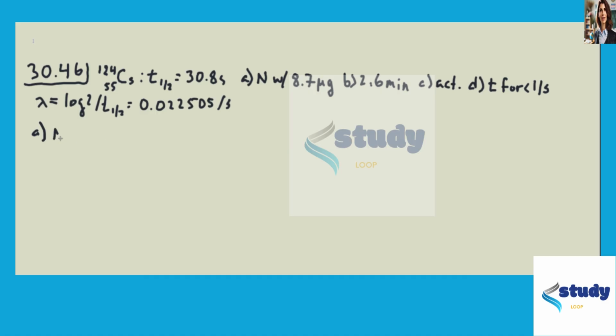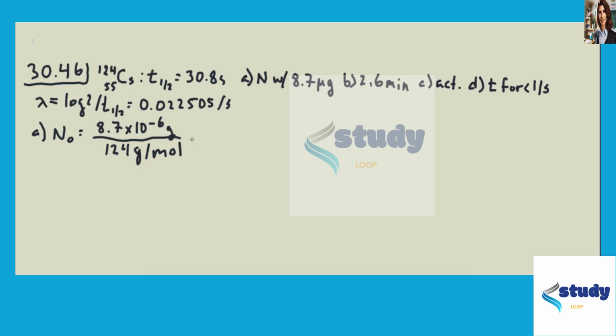So now our initial number of cesium nuclei is, we're just going to take the amount of mass we have, so 8.7 times 10 to the negative 6th grams. We're going to divide that by the atomic weight, so 124 grams per mole, and this would give us the number in moles.